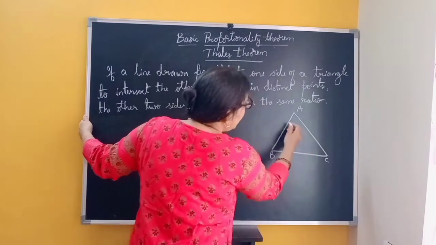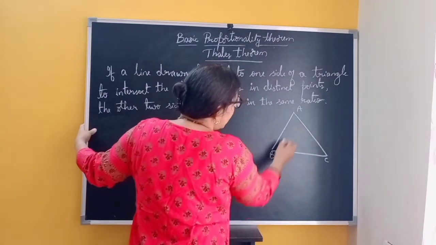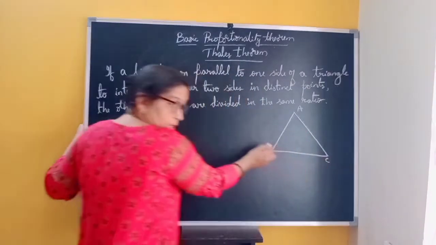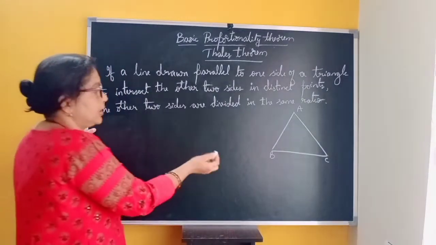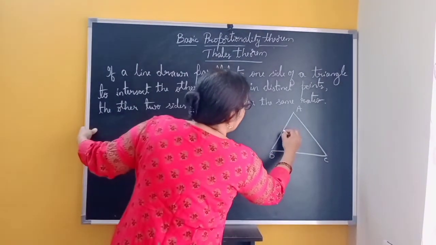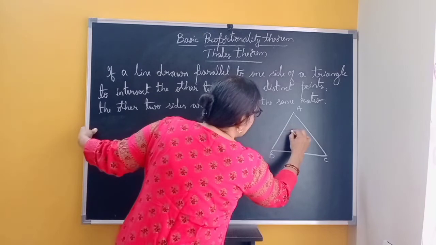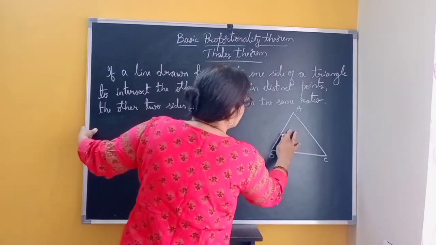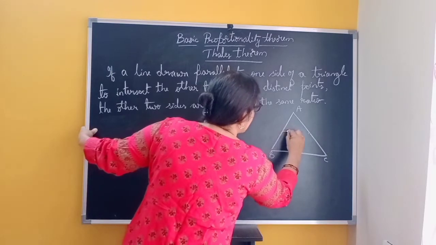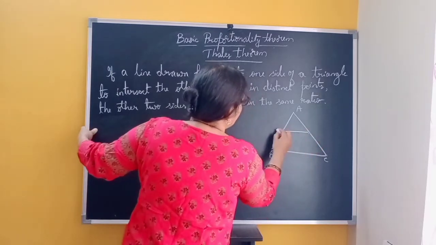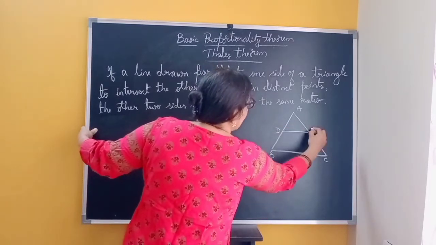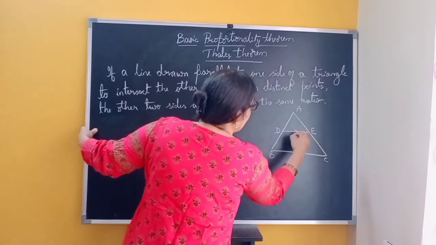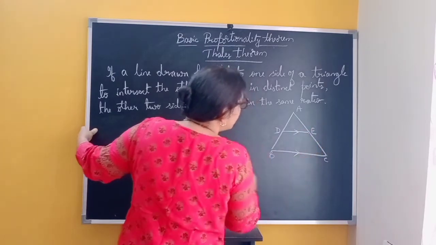Now, I will draw a line parallel to BC. BC is one of the sides of the triangle. Let me name this line as DE. Now, DE is parallel to BC.